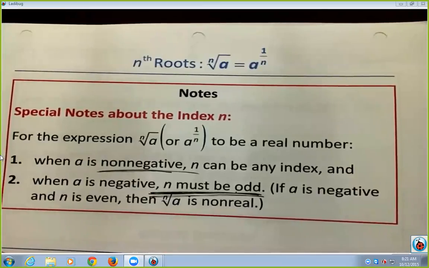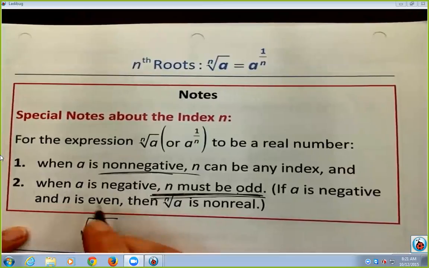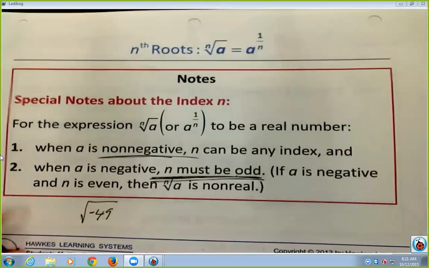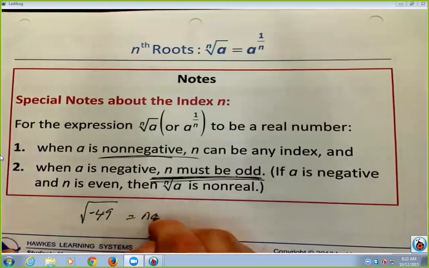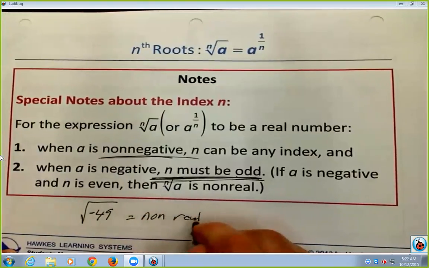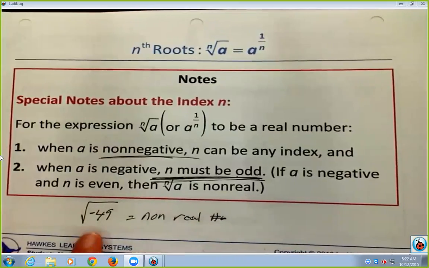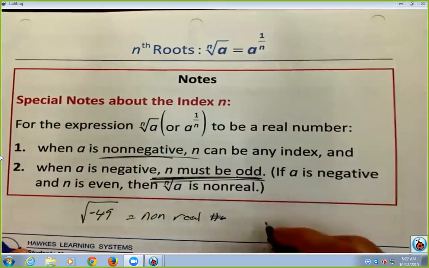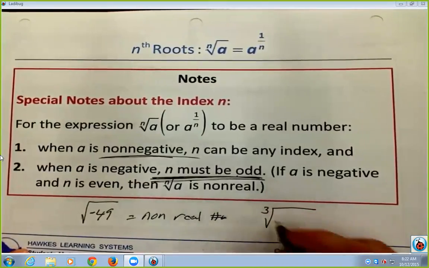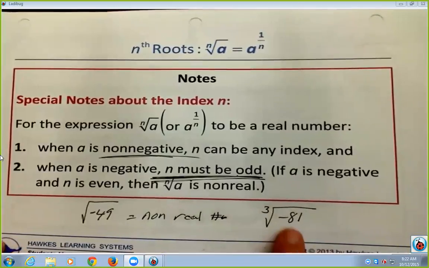And we talked about that last time too, because when we had something like the square root of a negative 49, we said that was a non-real number. And we couldn't do anything with it because I cannot take a square root of any negatives. It will not work. But if it were the cube root of a negative 81, that's fair game, okay, because of that negative that's connected with it.